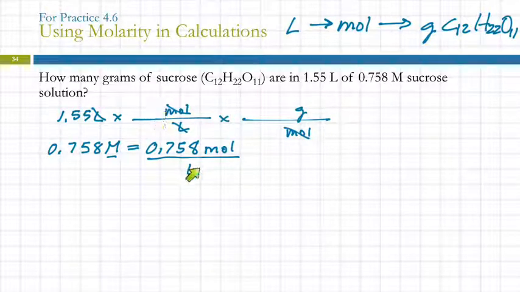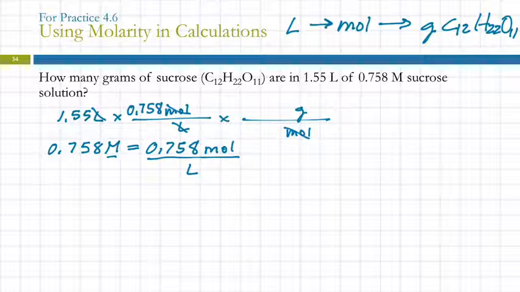Moles per liter, this is the molarity. The number goes with moles, and liter is by itself. So 0.758 moles per liter. That's a conversion factor we can use for this problem.